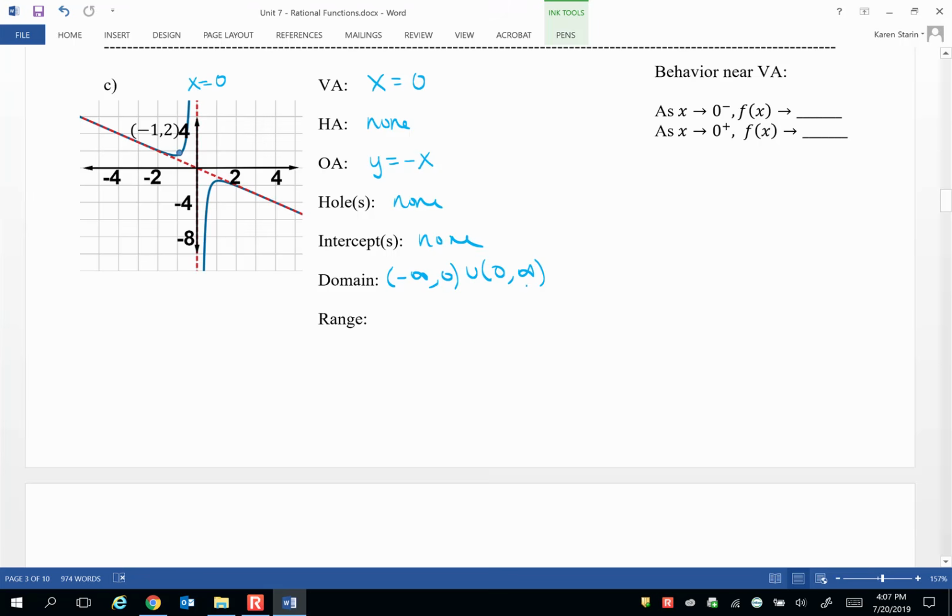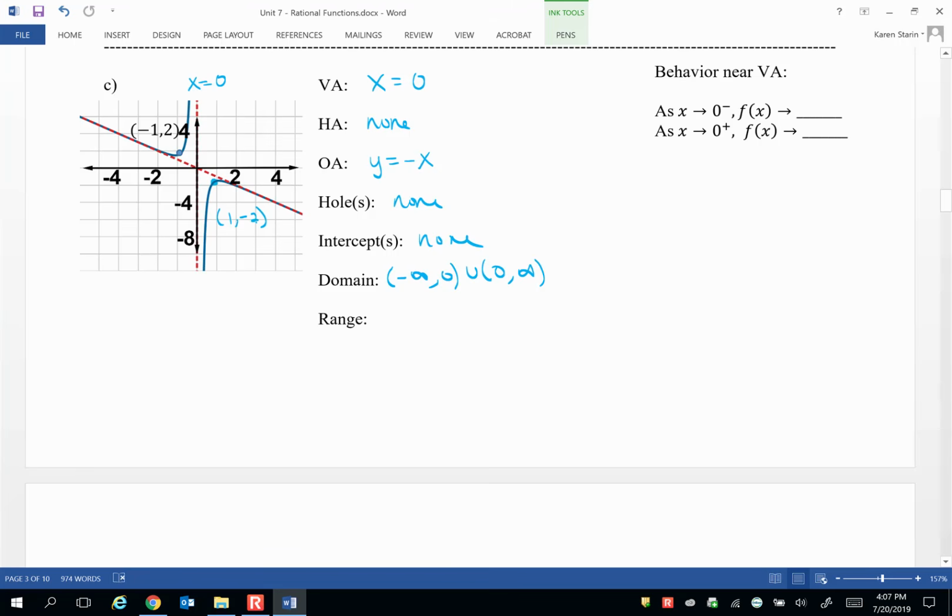And then also, as we look at this graph, it's a little tricky to see here, but we do want to note that this point here is -1, 2, and it's not quite listed here, but I'll go ahead and write it down. The highest point there on that curve before it approaches the oblique asymptote is 1, -2.